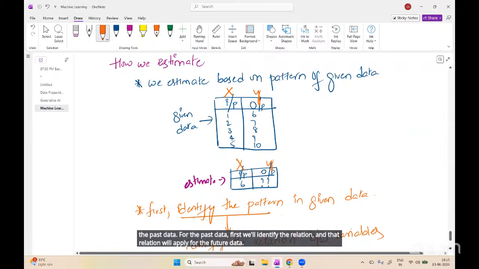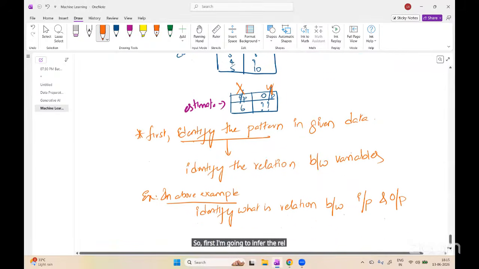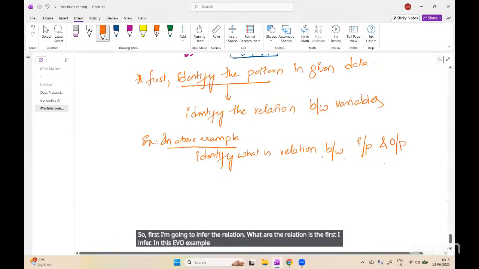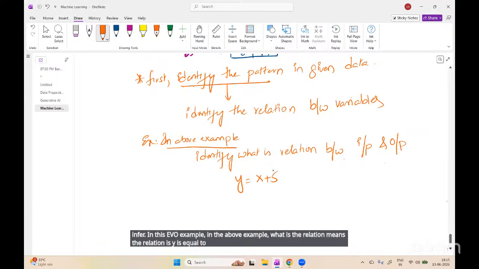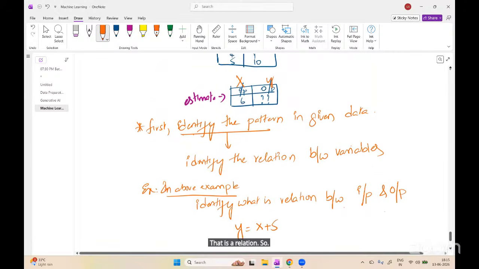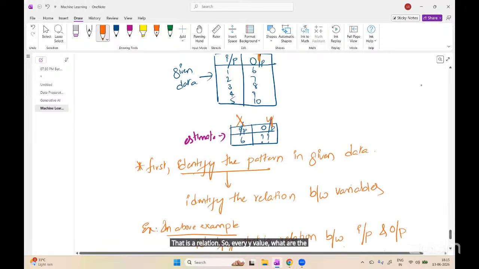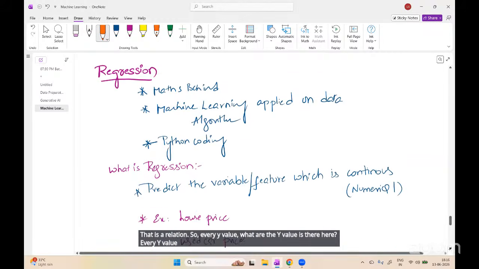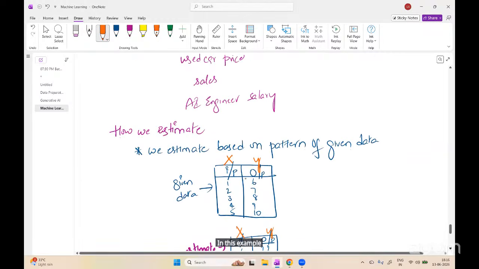So first I'm going to identify the relation. In this above example, the relation is Y is equal to X plus 5. That is the relation. Every Y value in this example is equal to X plus 5.